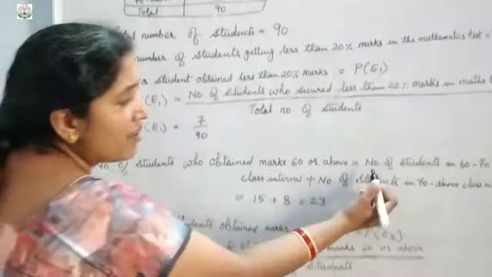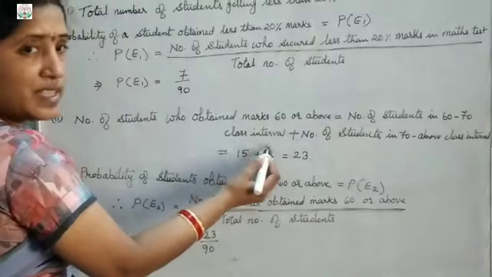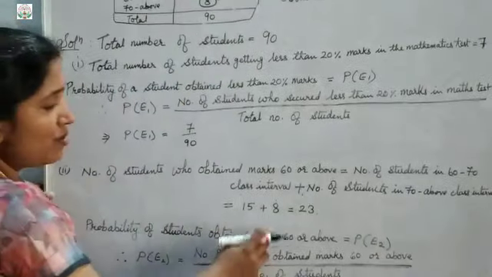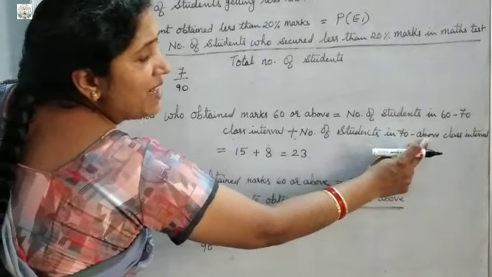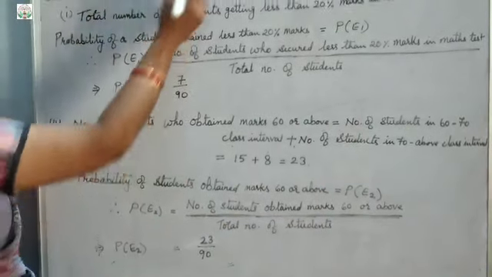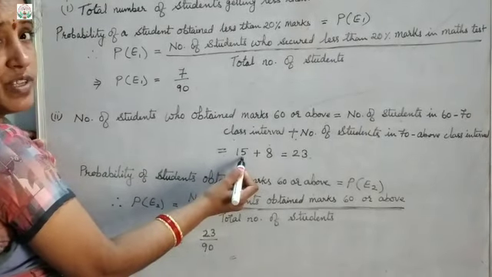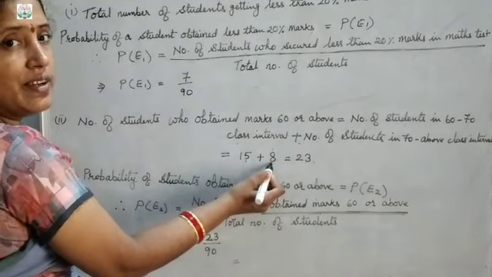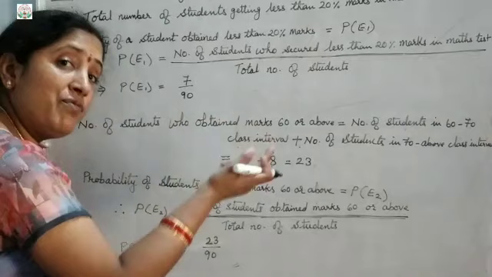So here we can write the number of students in the 60 to 70 class interval plus the number of students in the above 70 class interval. That equals 15, the number of students who got between 60 to 70, plus 8, the number of students who got above 70.